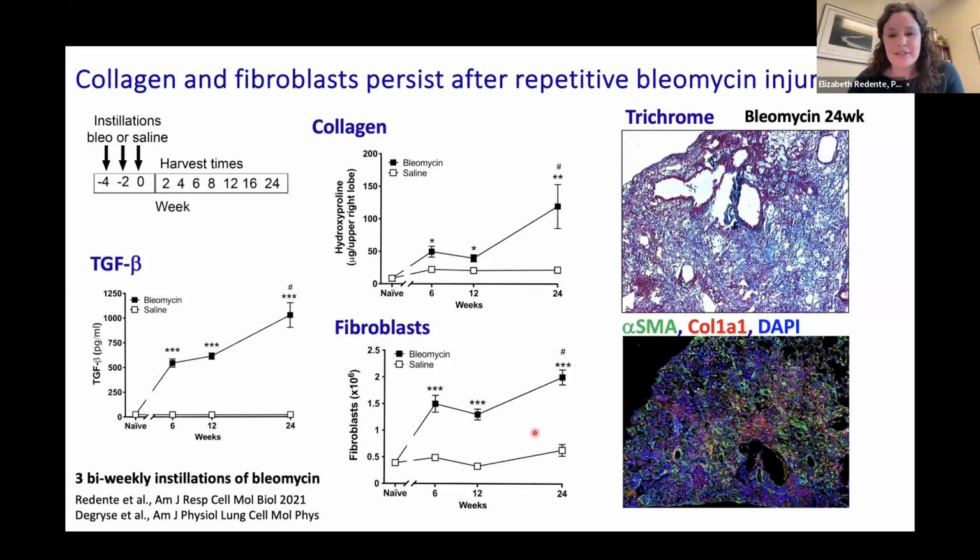And our fibroblast numbers have also expanded and remained increased over time. On the right are representative trichrome images and immunofluorescent images from a lung taken 24 weeks after bleomycin. You can see the robust amount of collagen and the fibrotic response here with the teal blue staining. And below, with alpha smooth muscle actin staining in green and collagen 1A1 in red, you can see that these areas of fibrosis are really dominated by these fibroblast populations.